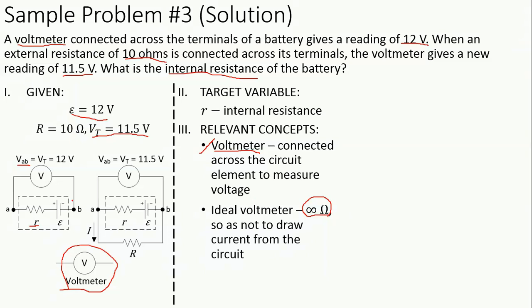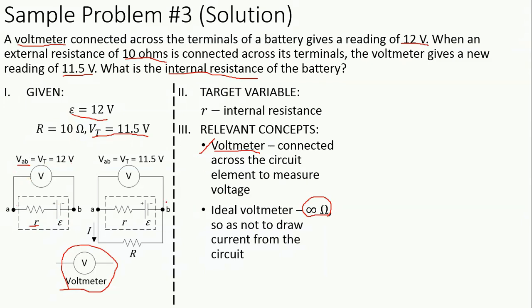Therefore, recall in our discussion, the terminal voltage of a battery with a small internal resistance in series can have three possible values. In the first case, when only a voltmeter is connected across the battery, it is the open circuit case. So the terminal voltage will be equal to the EMF because no current will flow.